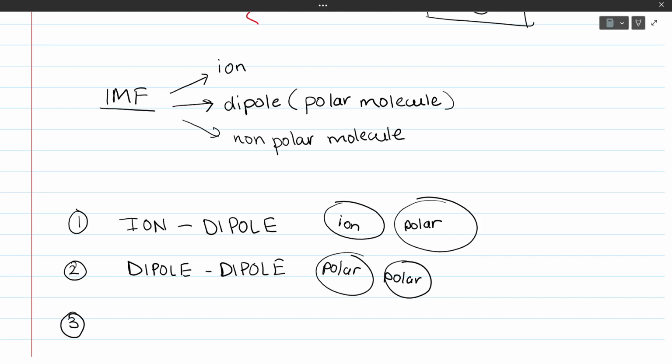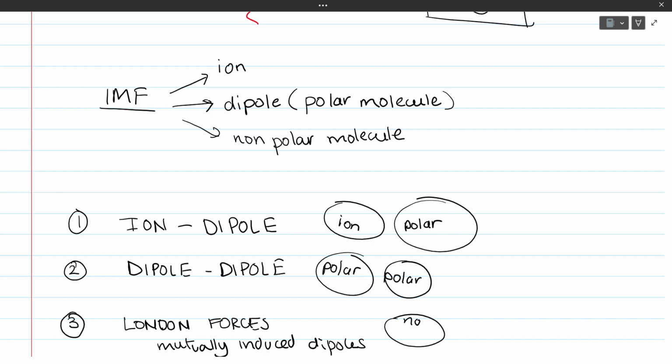Third, we have mutually induced dipole. We also call these our London forces, but they're also called mutually induced dipoles. And this is basically 2 non-polar molecules together, so they are inducing a dipole on each other.